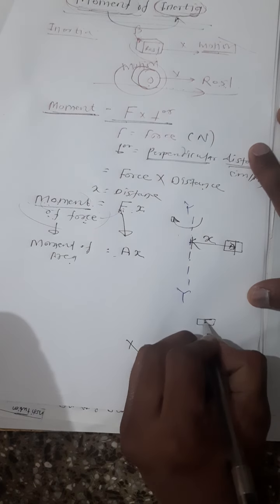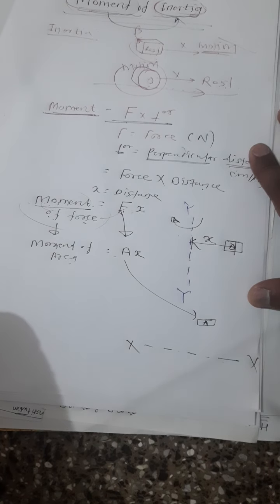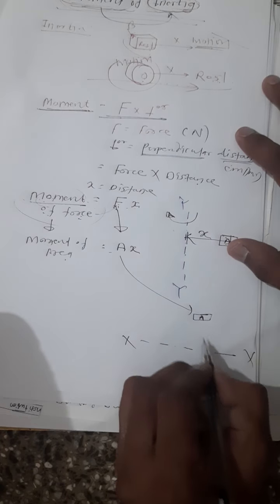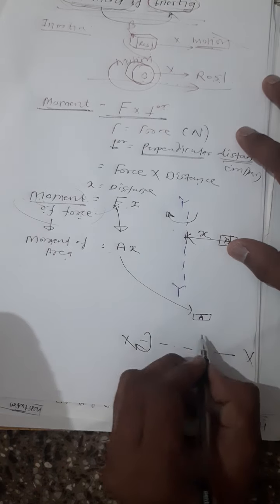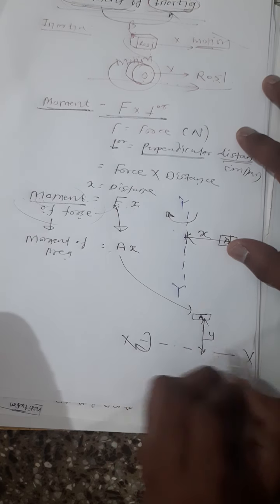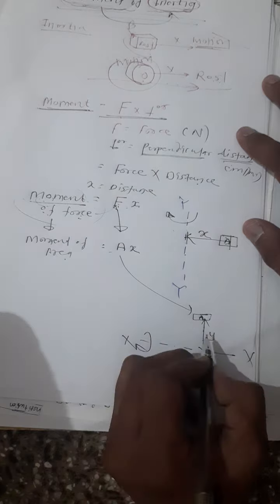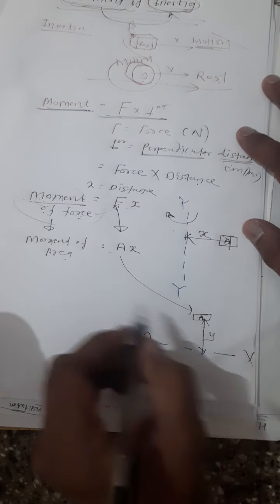Suppose again this is one area. This area is going to rotate about this axis from some distance, and the distance is called y. So this is moment of area.